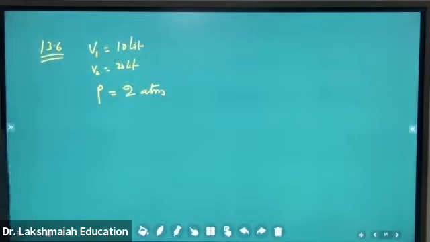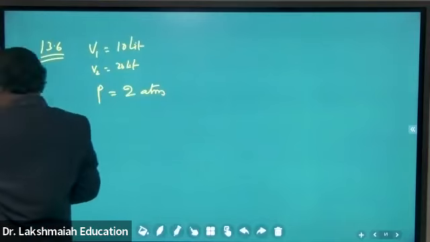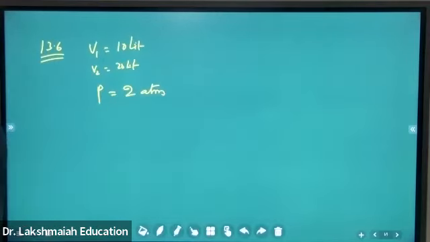Pressure is constant. What is the work done by the gas during the expansion?